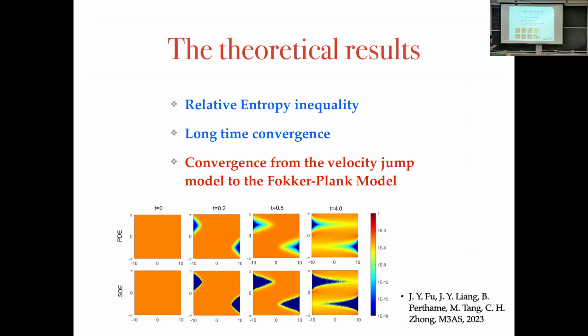After we get the relative entropy inequality, we can get the long-time convergence. But what I want to emphasize in this talk is the convergence to the Fokker-Planck model: when it goes to the Fokker-Planck limit, what the boundary condition would be like afterwards.